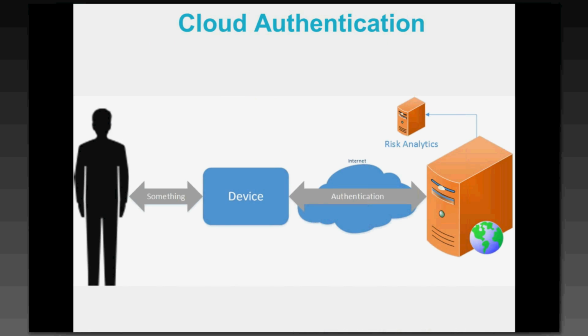So how does authentication work today? At this time, people are not born with Wi-Fi interfaces in their head, so they need something, a proxy device, in order to authenticate to a cloud server. And this is what we do every day when we enter our password.